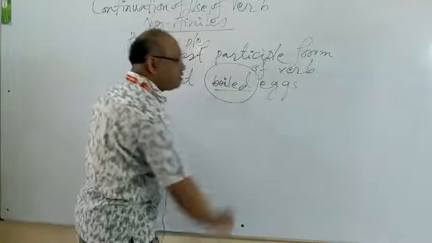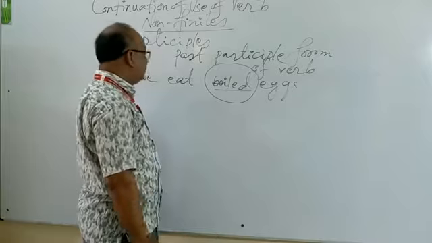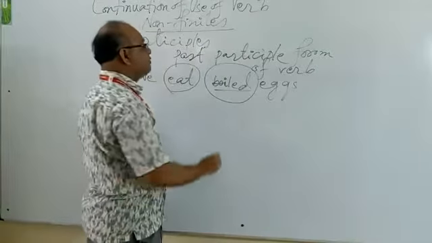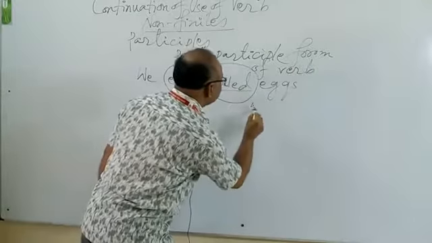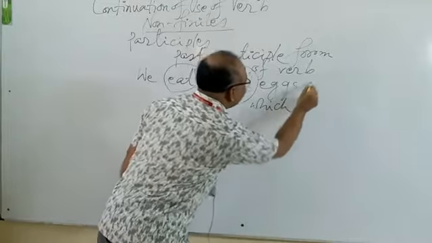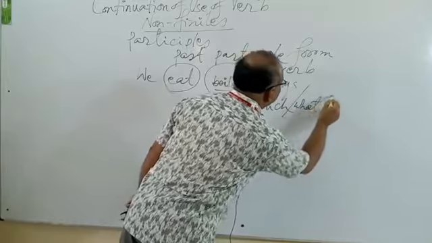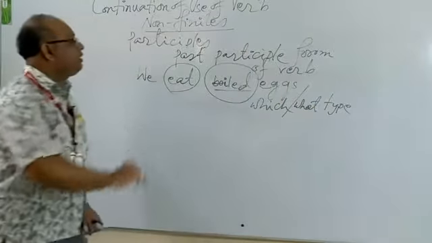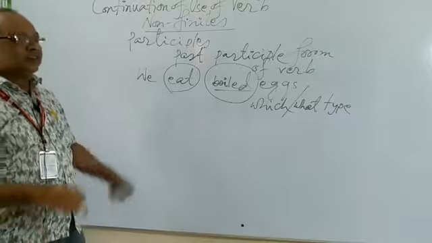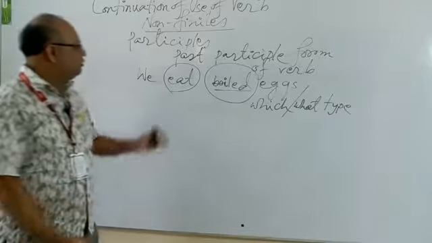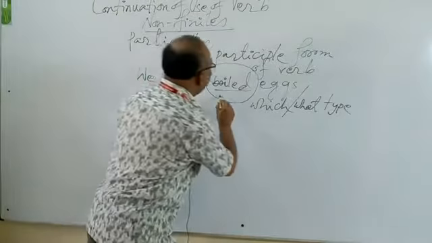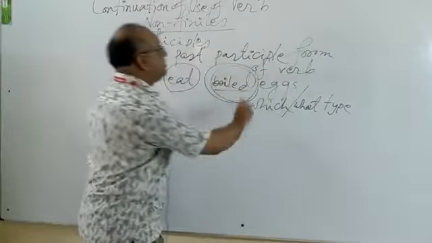But it does not work here as a verb. What is the verb in this sentence? Eat. Now it gives you the question of which or what kind of, what type of. What kind of eggs do we eat? We eat boiled eggs. So past participle is used as adjective.